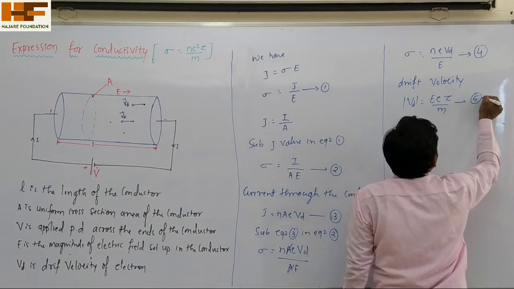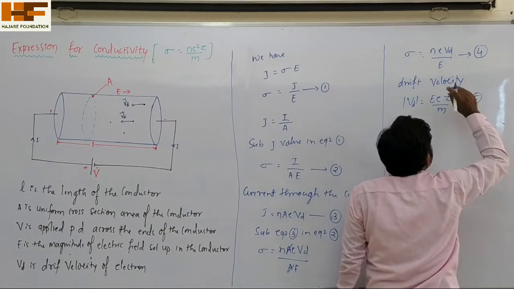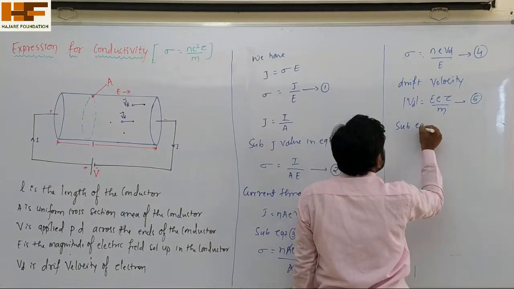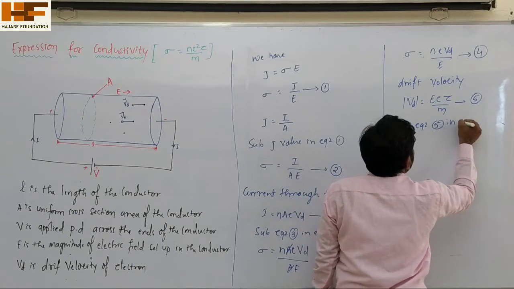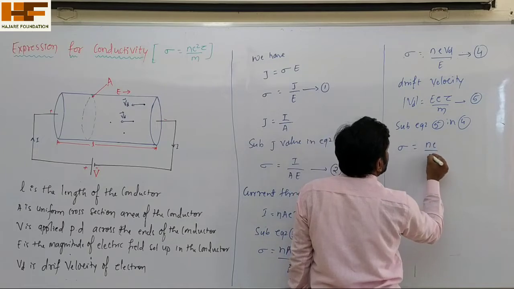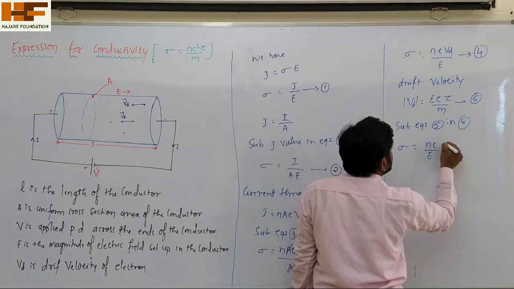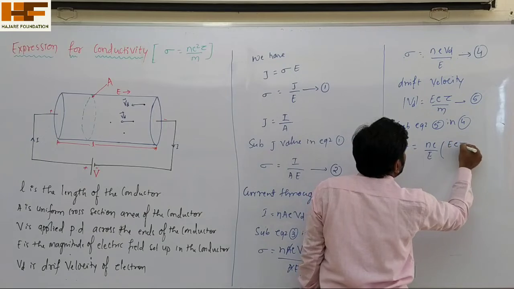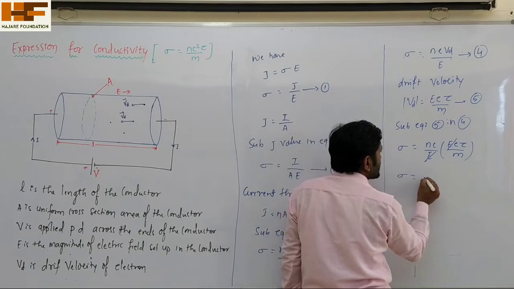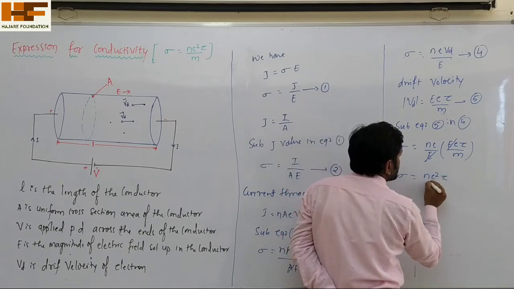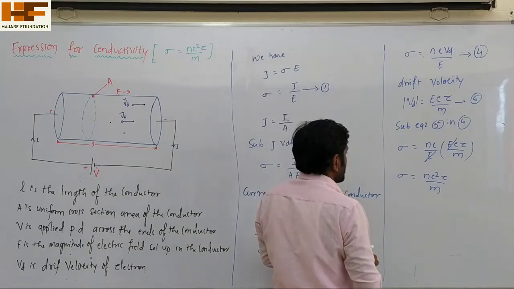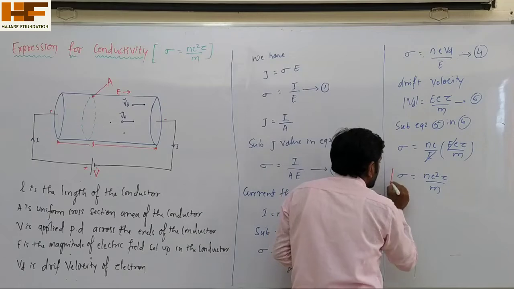This equation 5 I substitute in equation 4 in place of Vd. Then sigma is equal to n e divided by E, and in place of Vd, e E tau upon m. E and E cancel, then sigma is equal to n e square tau upon m. It is the expression for conductivity.